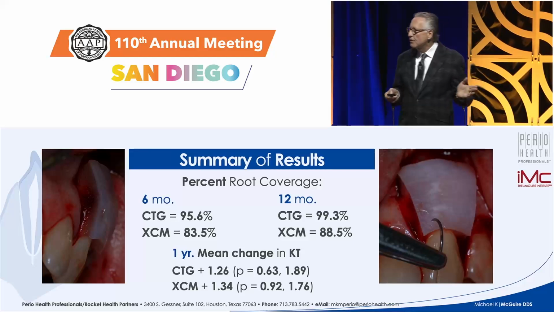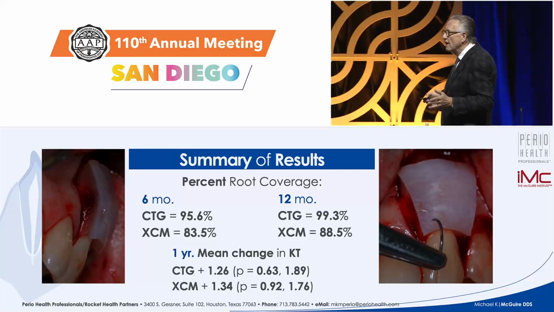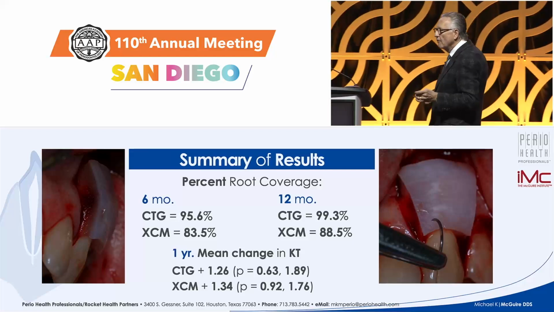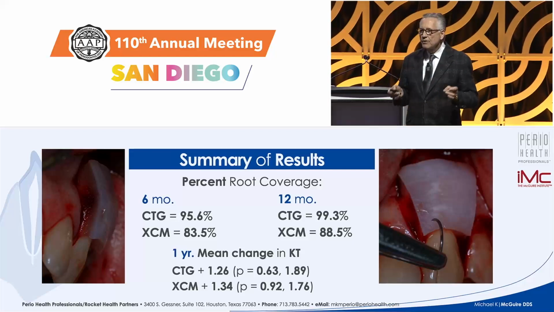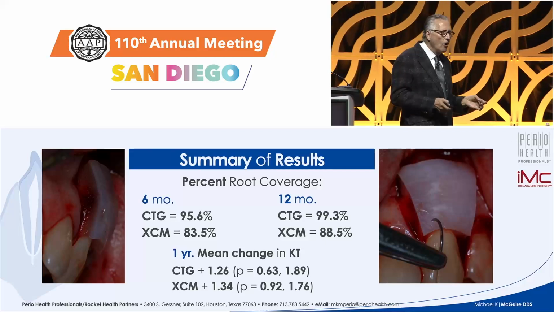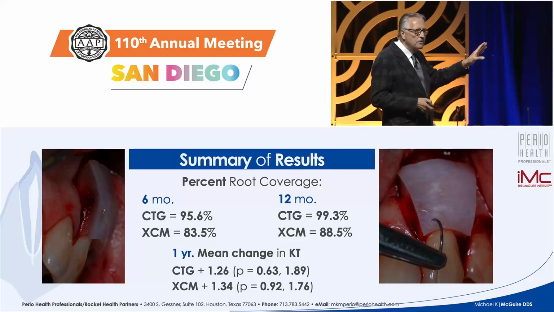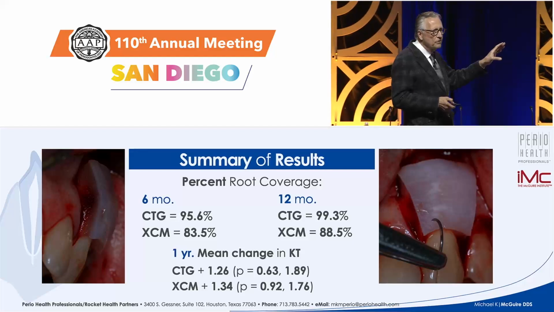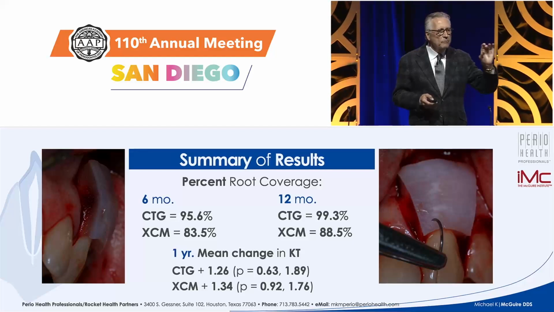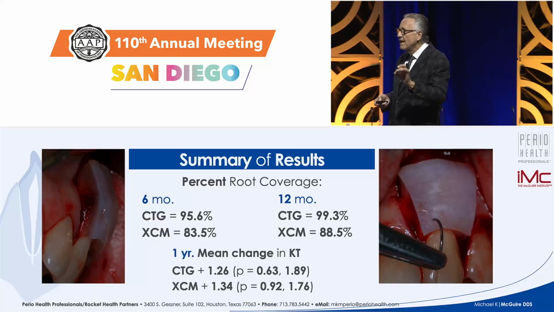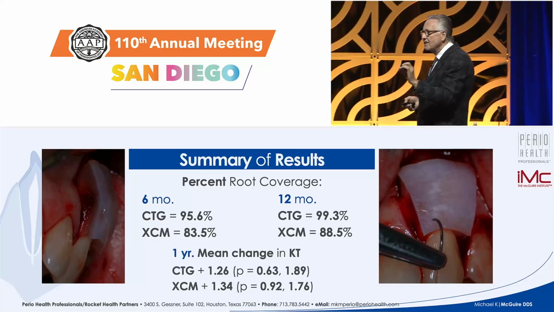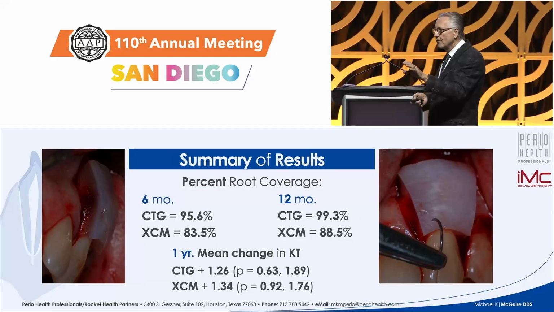But how did we do with our xenogenic collagen matrix? We achieved the amount of root coverage that you would expect to achieve with a connective tissue graft, and we did it without a donor site. Also interesting, we actually achieved slightly more keratinized tissue with the xenogenic collagen matrix graft than we did with the connective tissue graft, and we know the connective tissue graft is genetically encoded to have keratinized tissue over it.